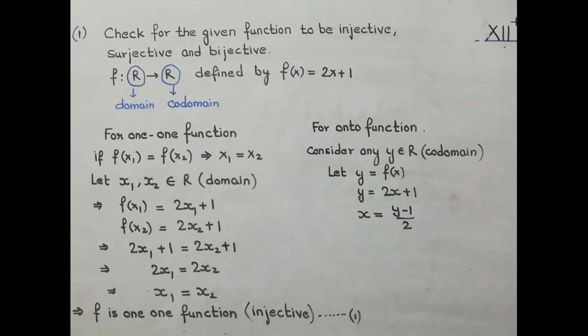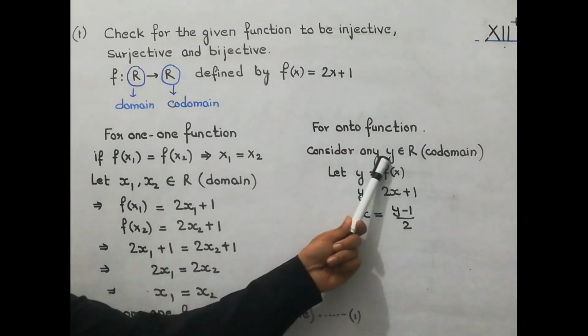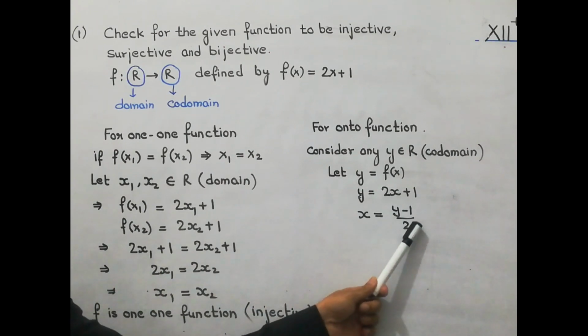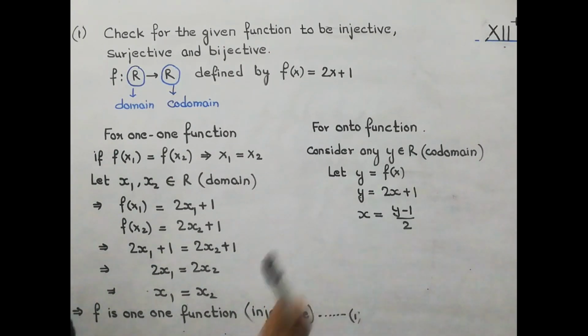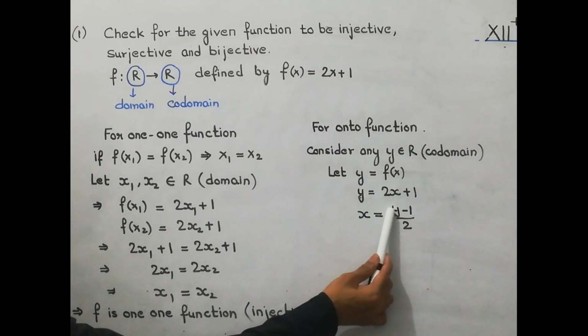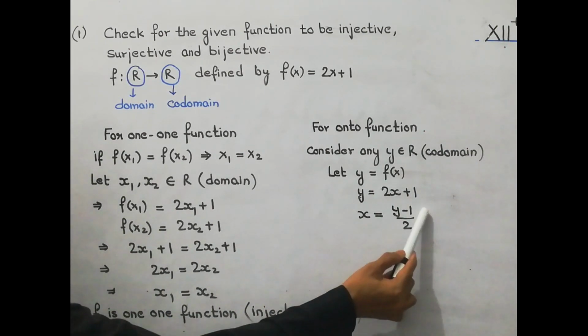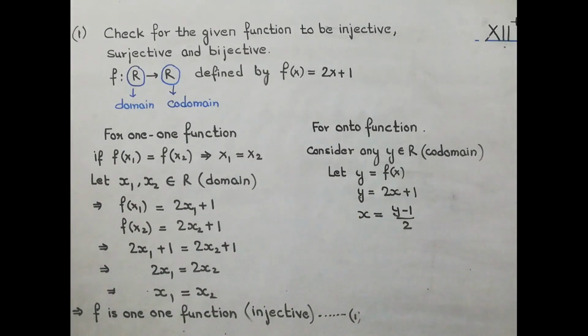x is pre-image. Now let us see for every real value, because y is belonging to real. Now for any real value of y substituted over here, you will be getting a real answer, isn't it? See, y belongs to R, that is real values. Now if you substitute any real value over here as y belongs to R, this pre-image, that means the value of x, will also be a real number.